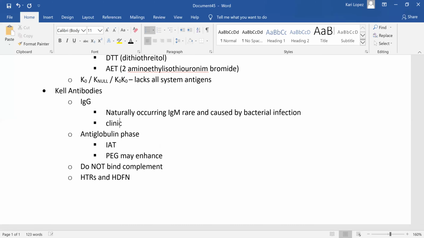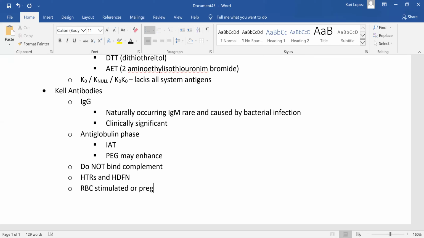Oh, I'm wrong. Hemolytic disease of the fetus and newborn. You're on the right track. Oh, so I was on the right track. And so the hemolytic transfusion reactions and the HDFN go hand in hand with their either red blood cell stimulation or pregnancy.